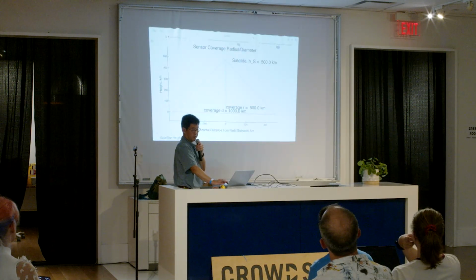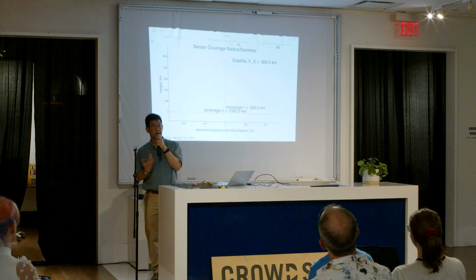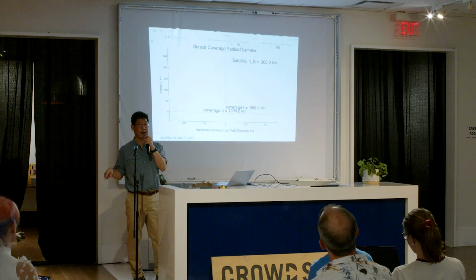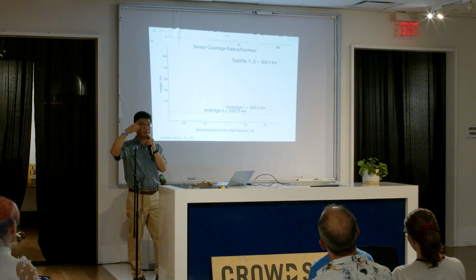It's going to be equal to the satellite's height. So our coverage radius is 500 kilometers. Our coverage diameter is 1,000 kilometers. So if one satellite can cover a 1,000-kilometer diameter on the ground, how many satellites do you need for a continuous circle of coverage around the Earth?